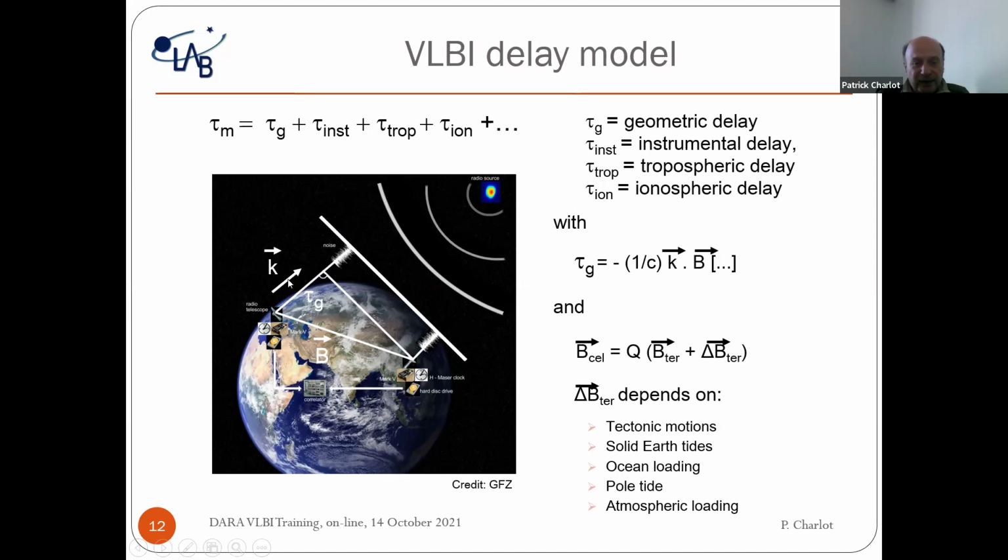This delay depends on the direction of the source, which I call here vector k, and the baseline vector B between the two stations.